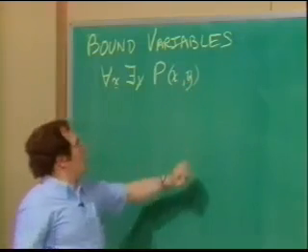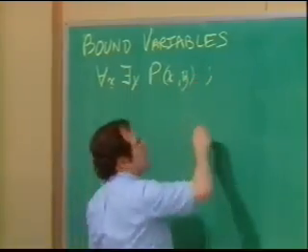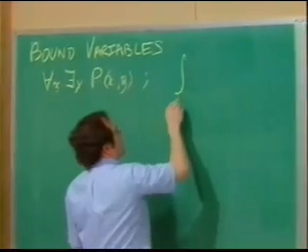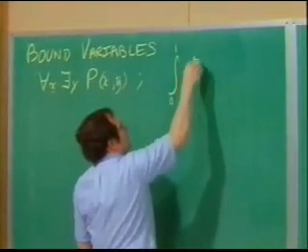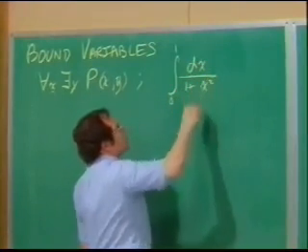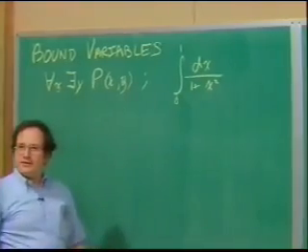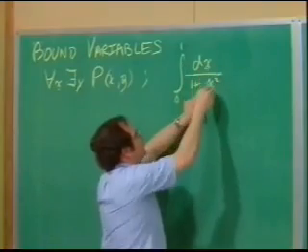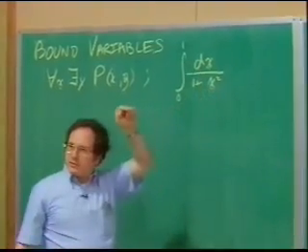That's what it means. Or another case of this that you've seen is integral, say from 0 to 1 of dx over 1 plus x squared. Okay. Well, that's something you see all the time, and this x is a bound variable.